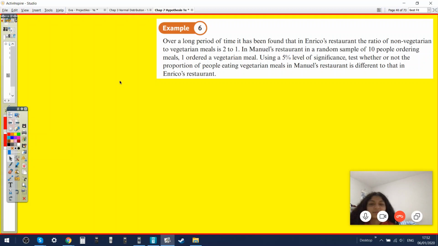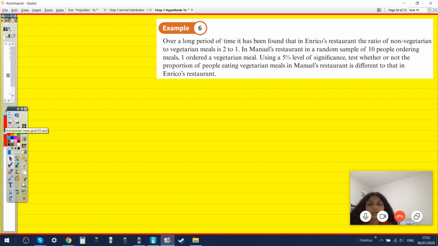So this is a two-tailed one. Could try this one. So the null hypothesis is P is equal to 2/3. And then the alternate hypothesis P is not equal to 2/3. Then you do percent.